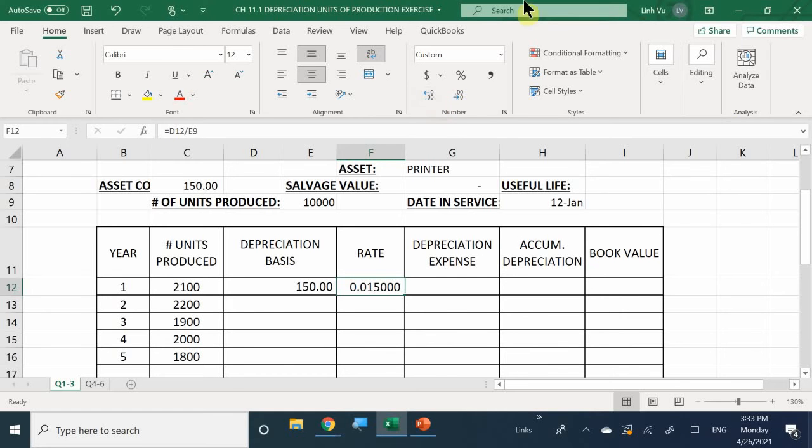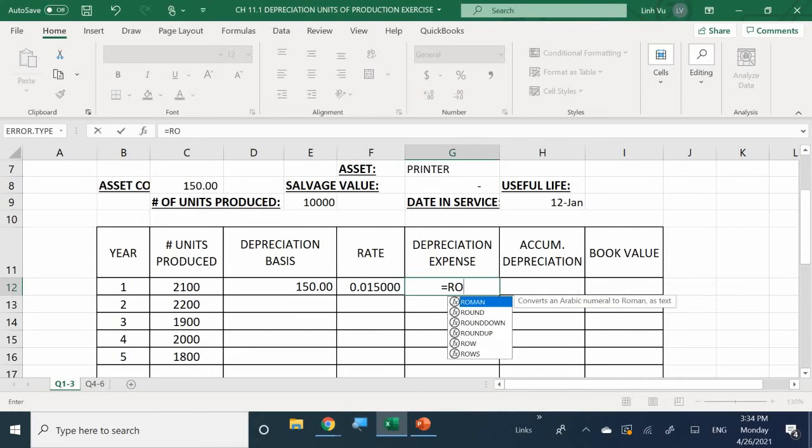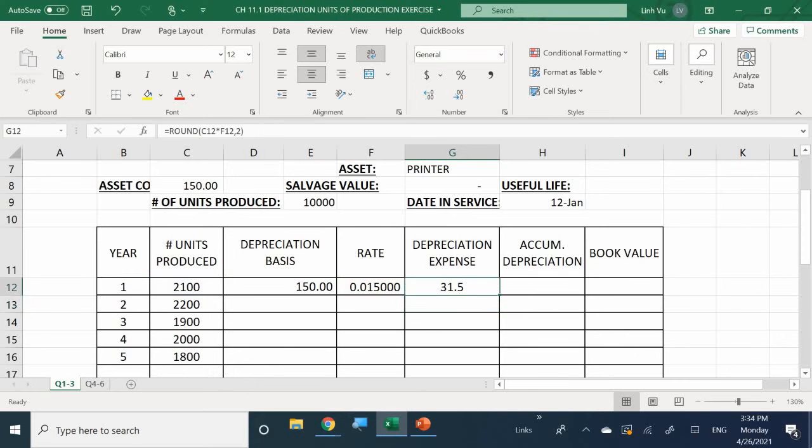So in this case, if I produce that year a total of 2,100 pages, what is going to be my depreciation expense for that year? It's not $150. $31.50.